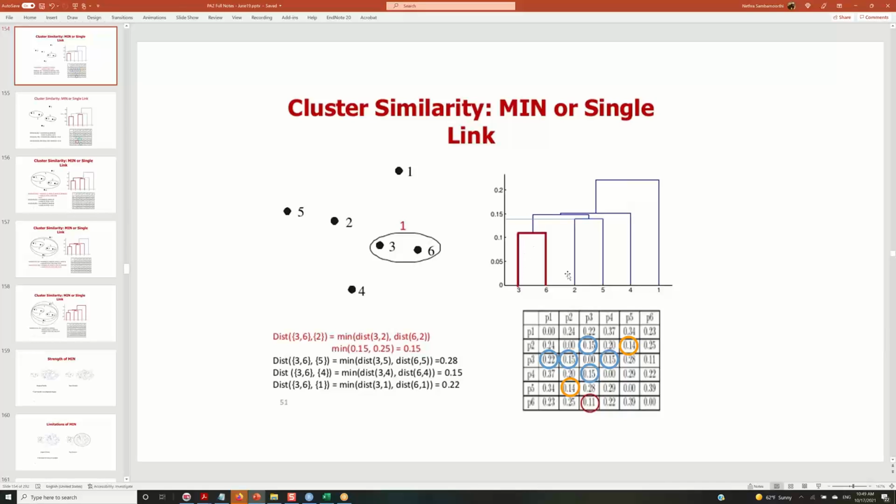When I come to 0.15, the minimum is happening between 3 and 2. 3 and 2 is 0.15. So 3 and 2 getting connected means the whole cluster is getting connected, because 2 and 5 is already connected. As I increase this distance, the whole cluster of 2 and 5 is getting connected to this one. That's the connection at 0.15. Yeah, are you with me? Yes. Okay.